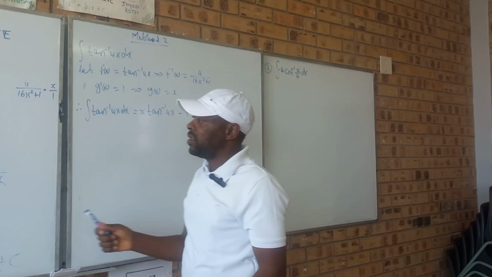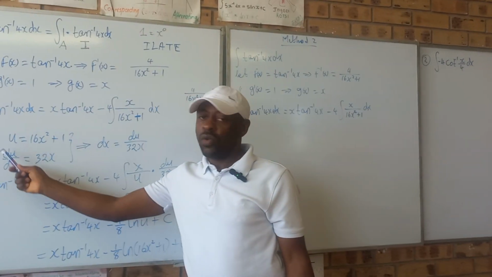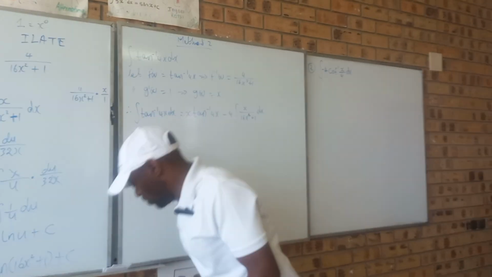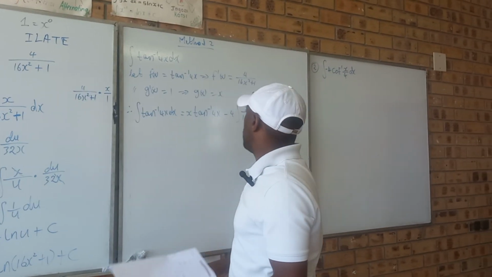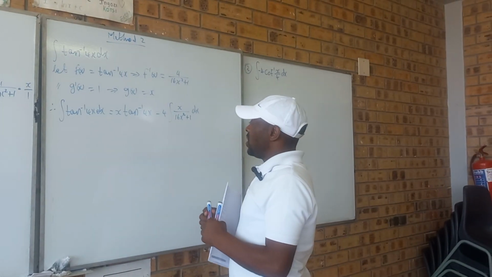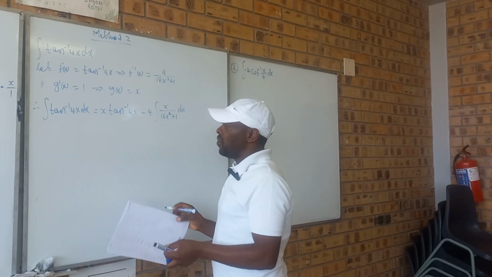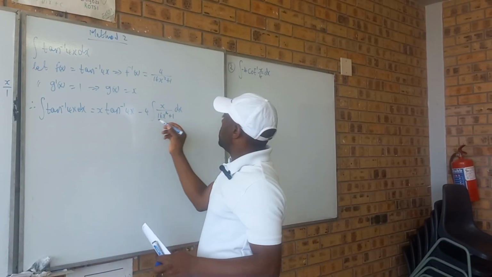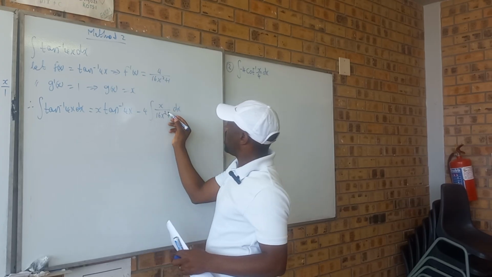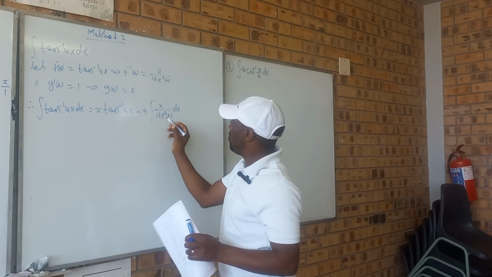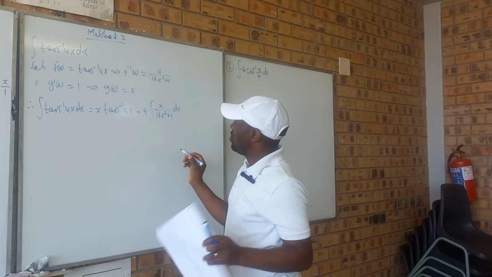So you see that this side I took time to go through U substitution. In Maths N6 there is an easy formula for that, which you don't need to waste your energy on. If you are doing your integral, you discover that you've got a fraction which is in such a way that you can differentiate the variable here. You see, I don't bother myself much about 16 and 1.